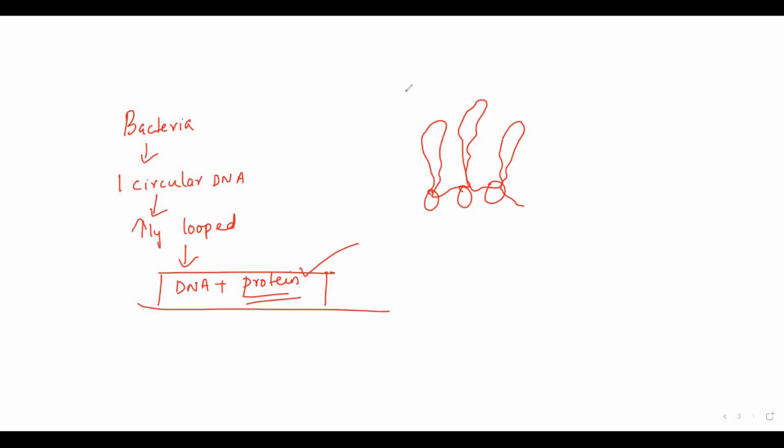But remember, children, the prokaryotic proteins here are not the histone proteins that we are going to find in the eukaryotic cells. Okay, and if you look at a bacterial cell, it does not have a nuclear membrane, or nuclear envelope, nor are the organelles covered by a membrane, so we were calling them prokaryotes.